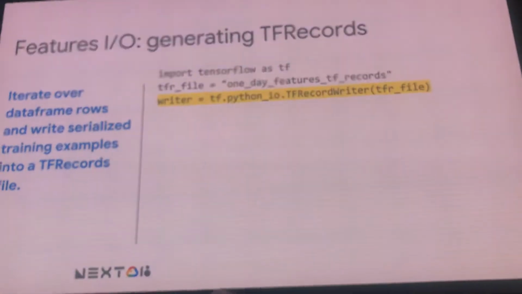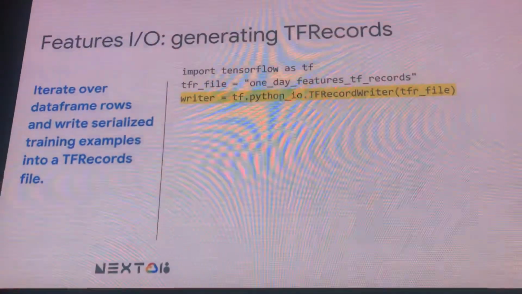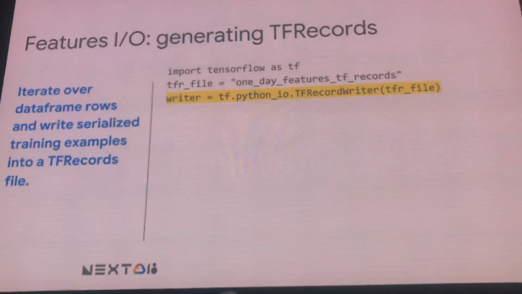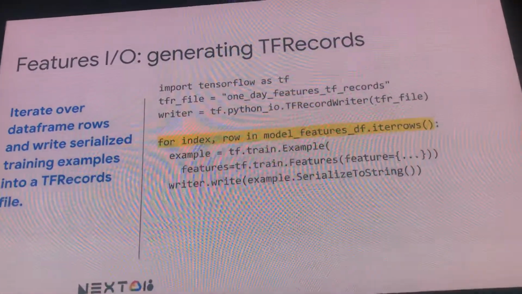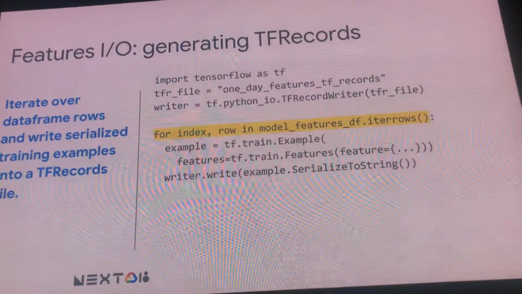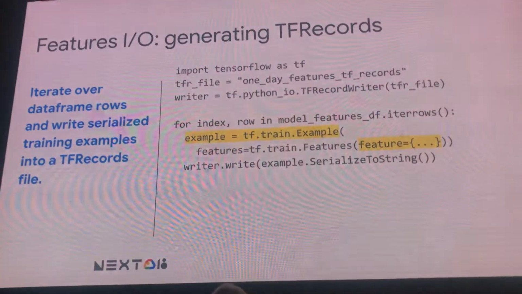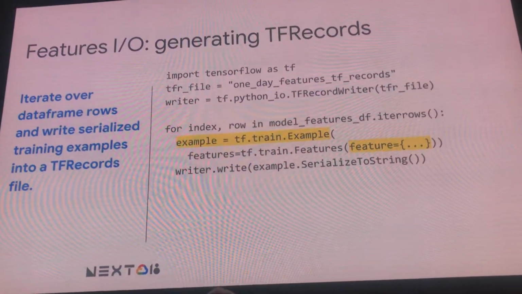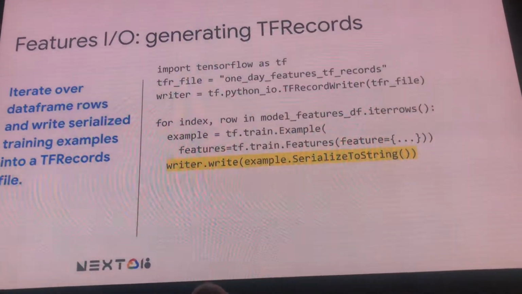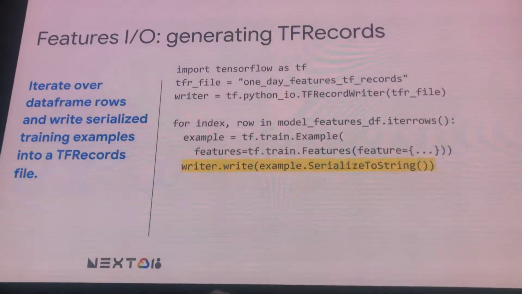Okay, how do you use this to actually generate TF record files? The first step is to initialize the TF record writer. Then you iterate over rows in the data frame that contains your features. For each row, you construct an example based on the feature dictionary that I showed you on the previous slide. Then you serialize this example and write it into the TF record writer.